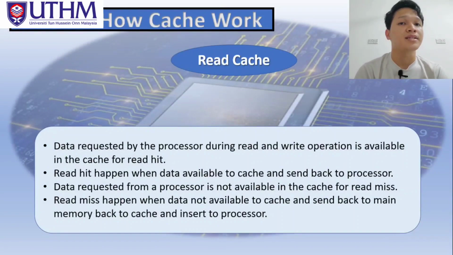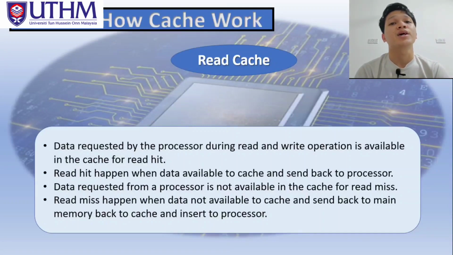For a read miss, the data requested by the processor is not available in the cache. A read miss happens when data is not available in the cache, so it is fetched from memory to the cache and inserted to our processor.